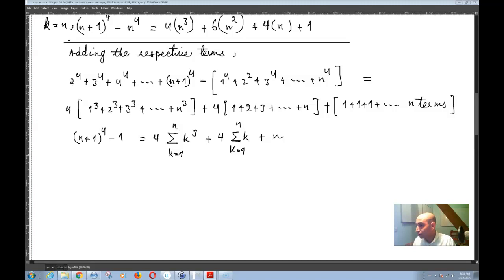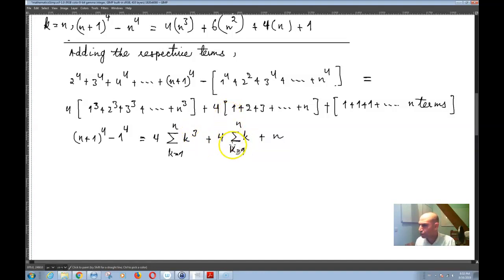Okay, so adding both sides together, you get n plus 1 raised to the power 4 minus 1 raised to the power 4 is equal to 4 times 1 cube plus 2 cube plus 3 cube all the way on to n cube.